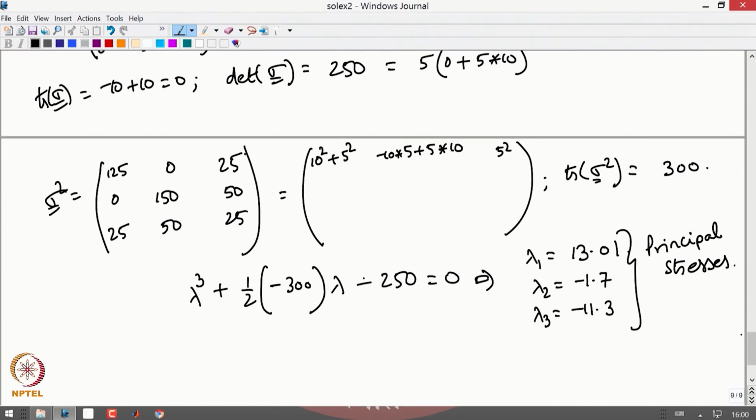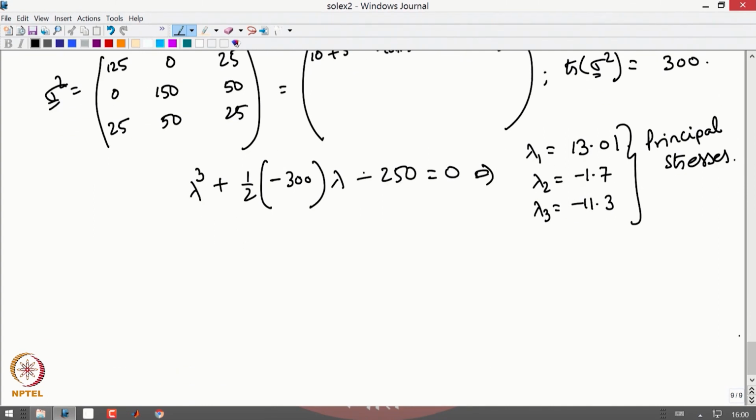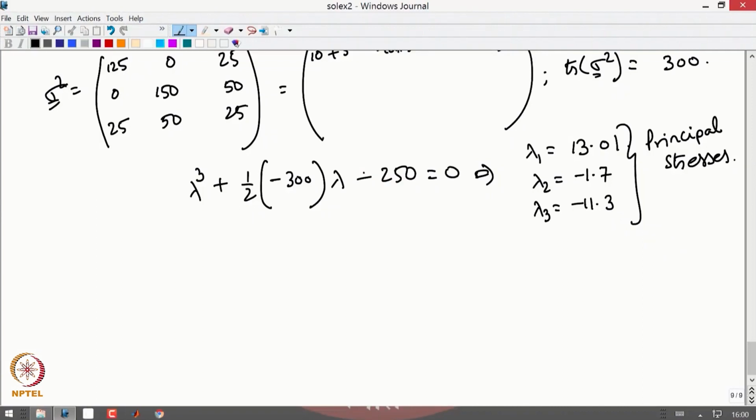To find the principal directions, I will illustrate it by finding only one principal direction. The other two you can follow the same procedure to get. Okay. Now, to get the principal direction, I have to write sigma minus lambda 1 identity into n 1, which is the principal direction 1 corresponding to this eigenvalue or the principal value lambda 1, this should be equal to 0 vector. Okay.